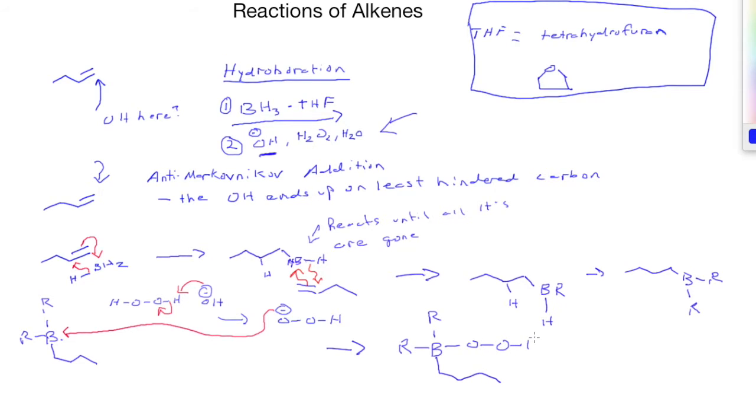Boron, remember, doesn't want to have 4 bonds. And so it's going to end up wanting to get rid of one of these, because this now has a minus charge. And so what's going to happen at this point is one of these bonds is going to leave boron, and it happens to be this one, or one of the R groups. And if it attacks this oxygen, then it has to break this next bond.